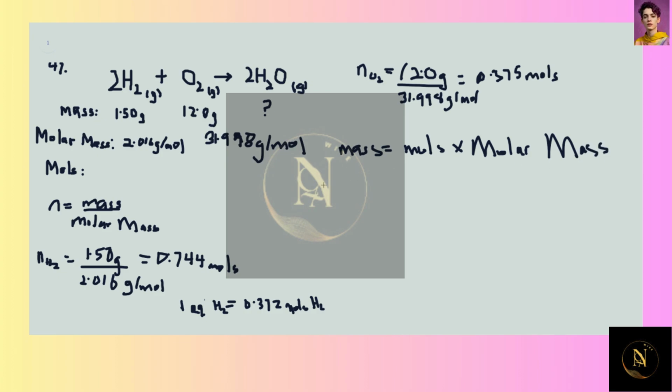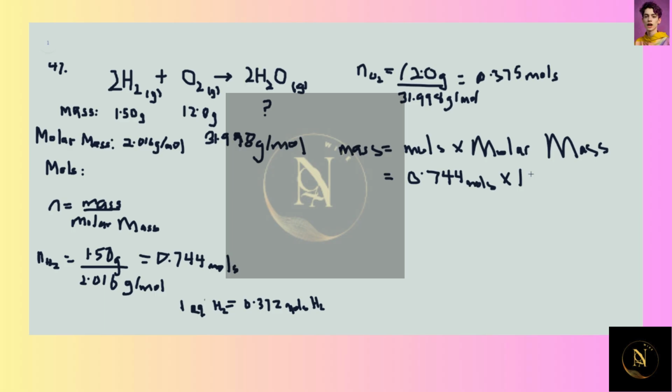For the mass of water vapor here, remember we have 2 moles of this, so 2 times the limiting reagent. So we can be sure that the moles of water vapor is going to be 0.744 moles, because that's the moles of the limiting reagent. That gives us our product, times the molar mass of water.